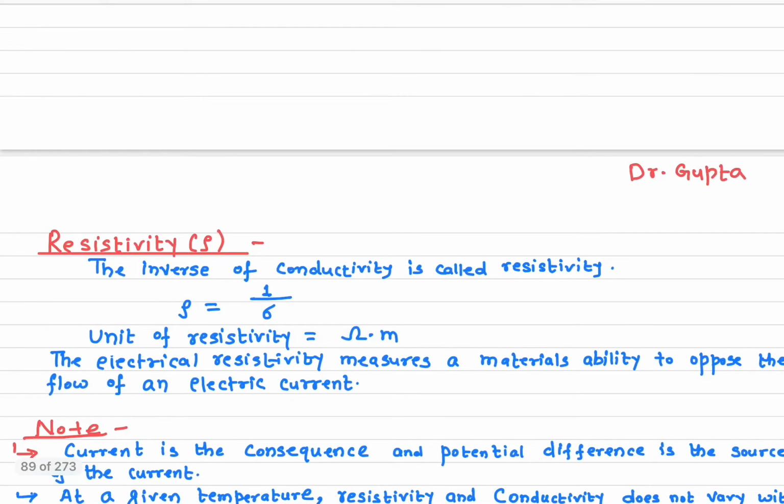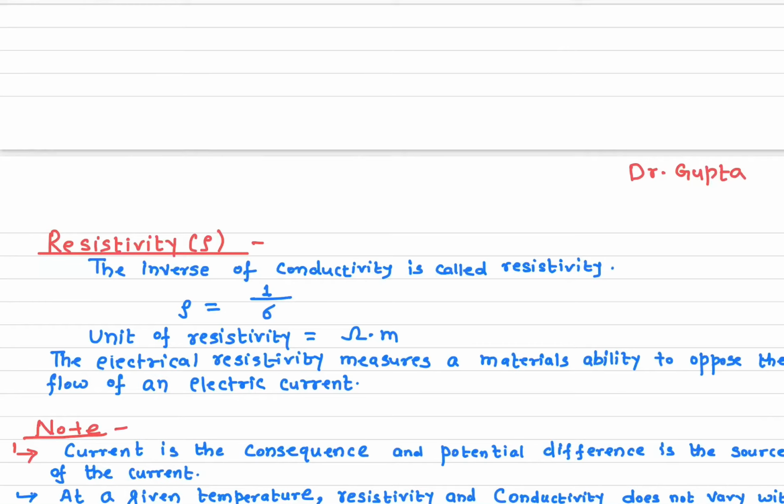So the resistivity is just the reciprocal of conductivity. That means if a conductor is very efficient in conducting electricity, it has very small opposition to the flow of the charge carriers.